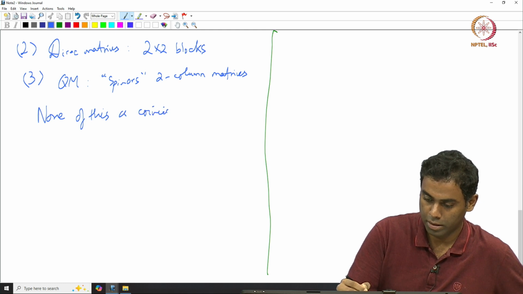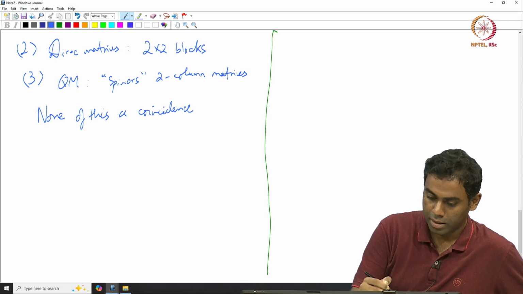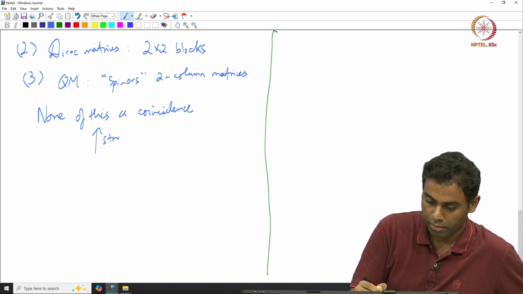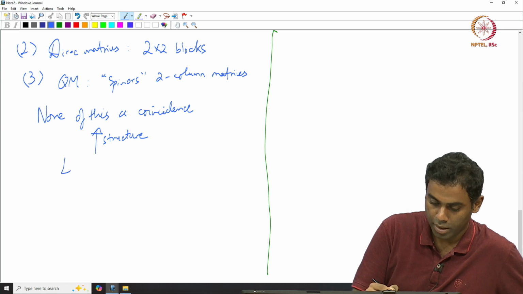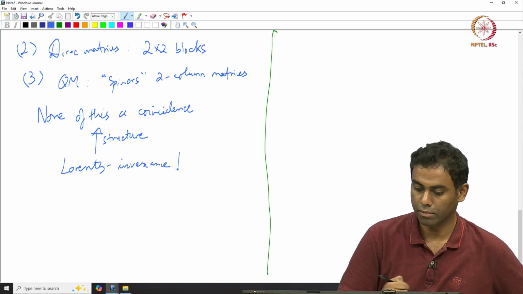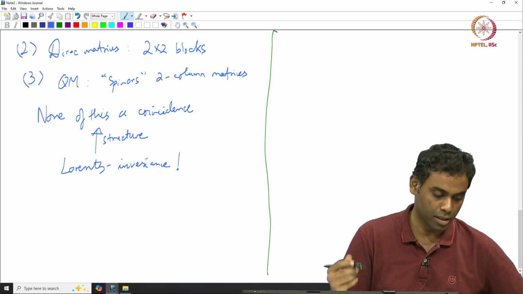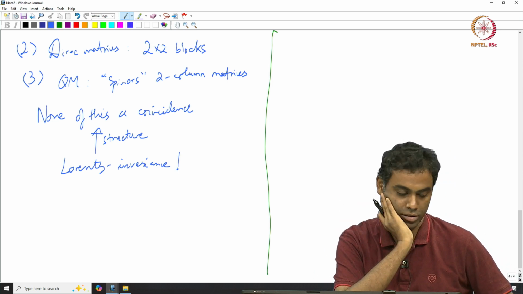They are all part of a large, very interesting structure. They come from a structure placed upon them by Lorentz invariance itself. And how this comes about, we are going to see in the upcoming lectures.